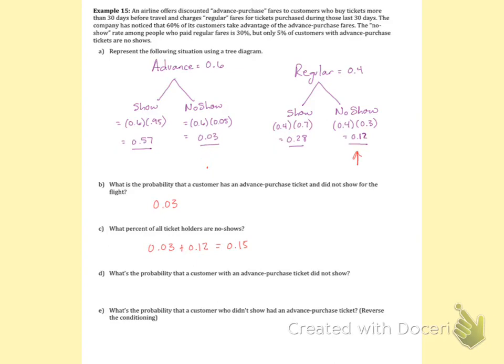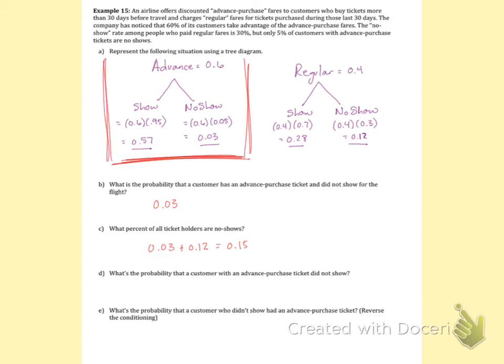All right, let's go to part D. Part D says, what is the probability that a customer with advance purchase ticket did not show? Now, I want you to notice that we're not talking about all the customers. We're only talking about the customers with advanced purchase tickets, which means now we've reduced our total to just be this group right here.